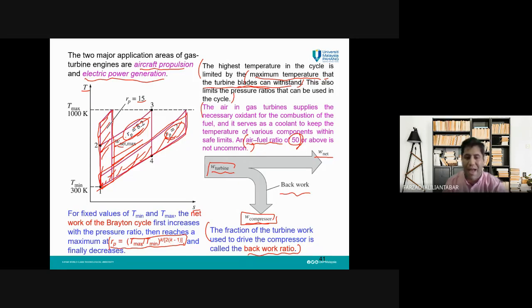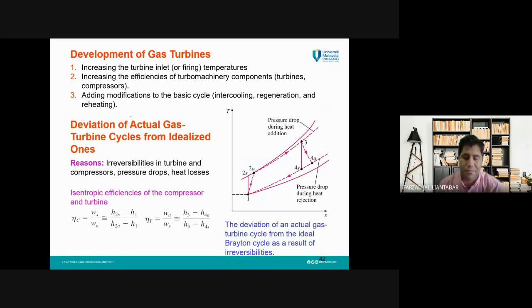In other words, we have an optimum RP, at which we have the maximum possible work output of the cycle, which you can see depends on the Tmax and Tmin. If you have Tmax and Tmin, and you know the working fluid, for example, if the working fluid is air, K is 1.4, then you can simply calculate RP for that cycle, which gives you the maximum possible W net.